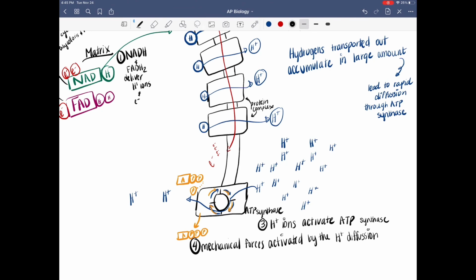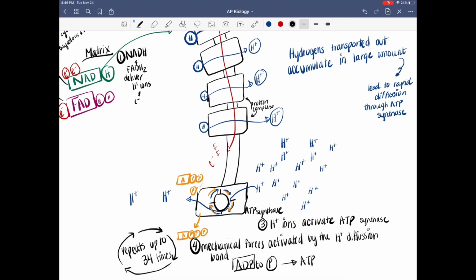So the mechanical forces that are activated by that diffusion are bonding ADPs to phosphates, creating ATP. Now this is the step that's creating the large amount of ATP, because it's going to repeat up to 34 times. All right, so this is our ATP synthase. This is where the ATP is being created.